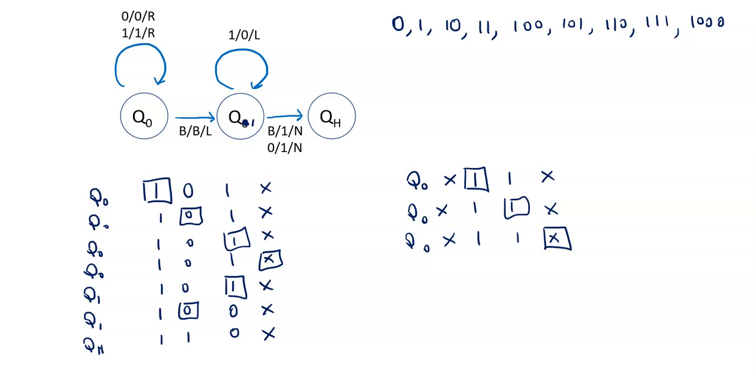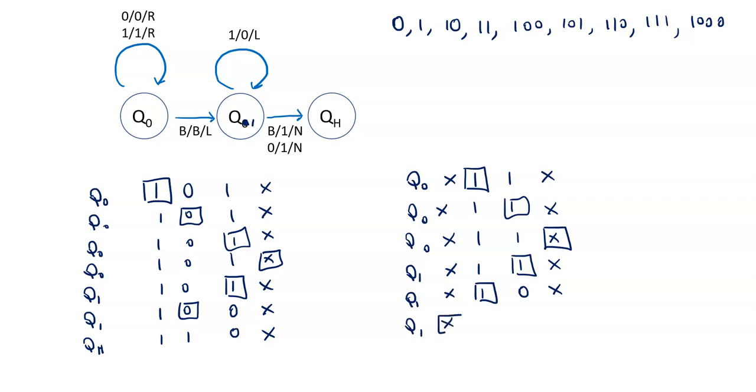Q1 tells us if we are at a blank square, we move 1 to the left, so 1, 1. And then if we have a 1, we turn it into a 0 and move to the left. And we're still in state 1. We do the same thing again.